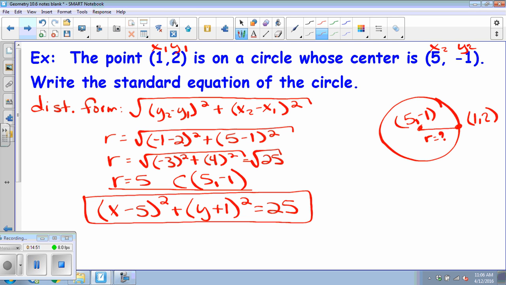Okay? So you have to find the radius first and then use the center and the radius to write the equation. Okay? Any questions?